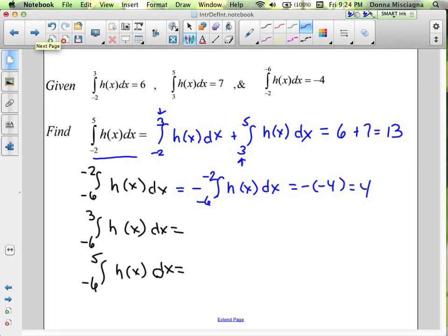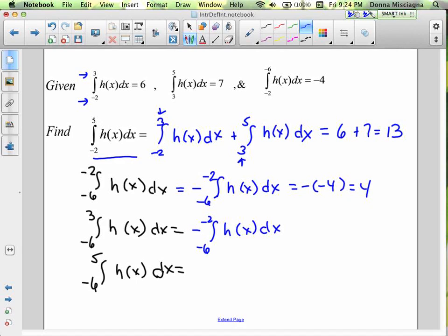All right, so now we want the integral from -6 to 3. Well, we've already switched it once from -6 to 2. That gets us part of the way. Now, can any of our functions pick up from -2 to where we want to end up, which is +3? Well, yes, right? This one starts here at -2 and ends at 3.